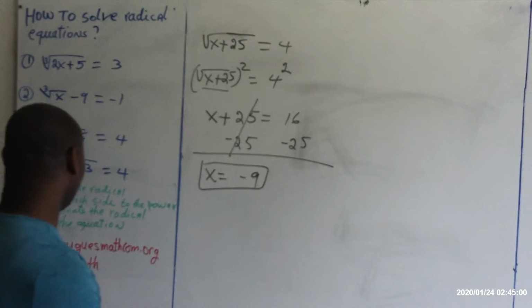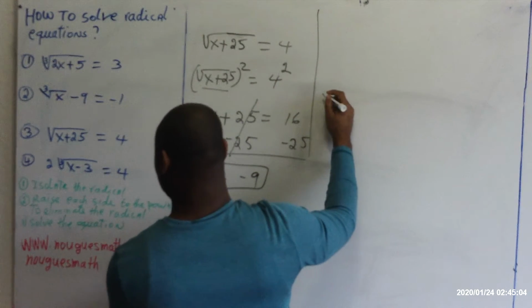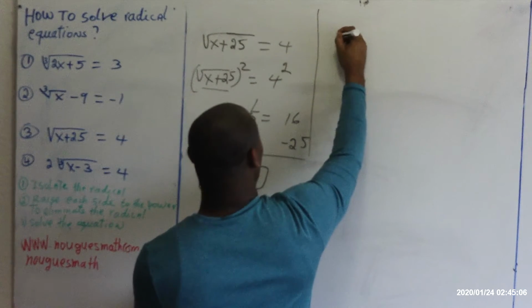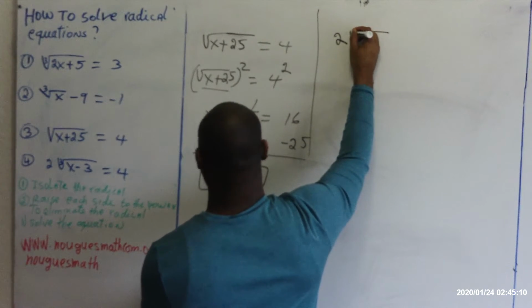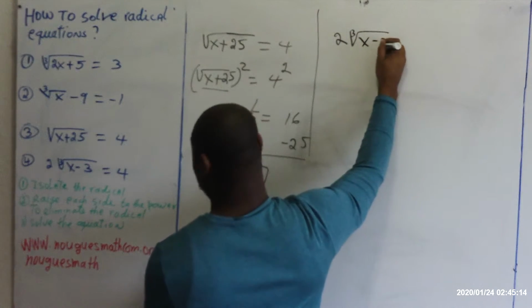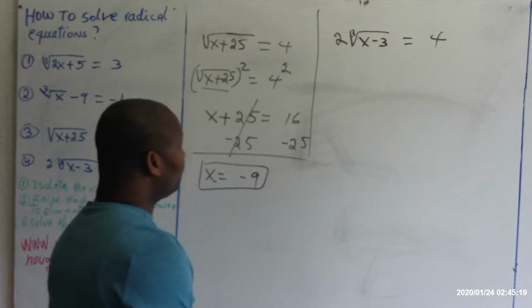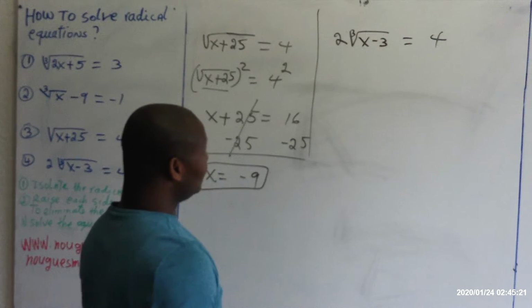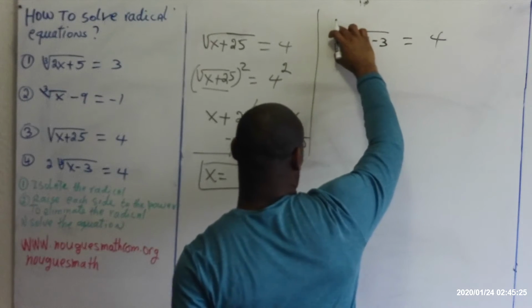The last exercise. The last exercise is, you have a 2 right there. The cube root of 3x minus 3 equal 4. Okay. It's already isolated. All you have to do, we have a 2 right there.